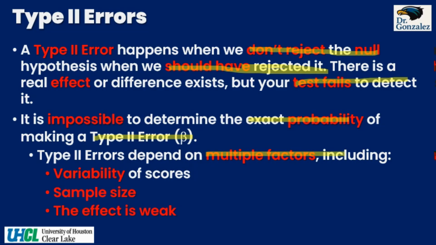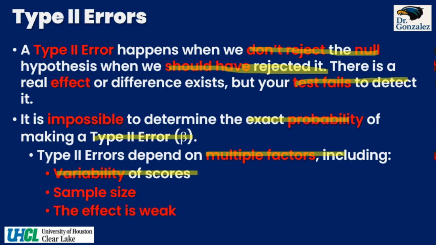The first one is how variable your scores are. Remember, variability is simply a descriptive statistic that describes how spread out your distribution is, how much your scores differ.